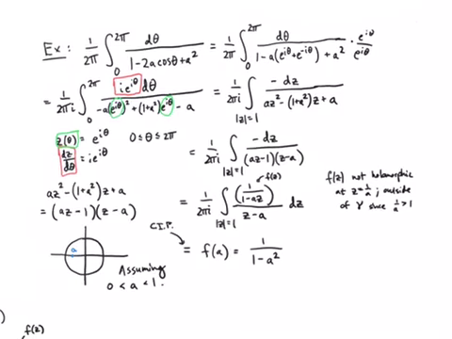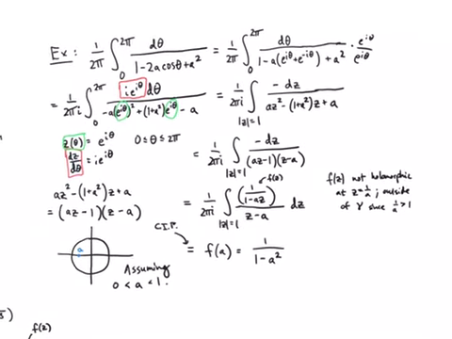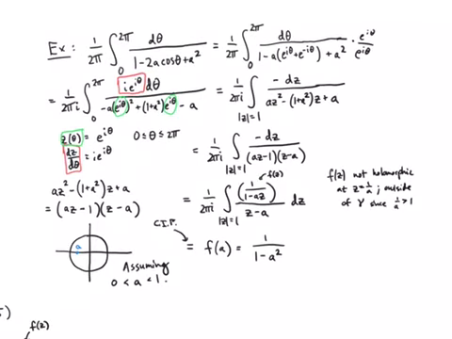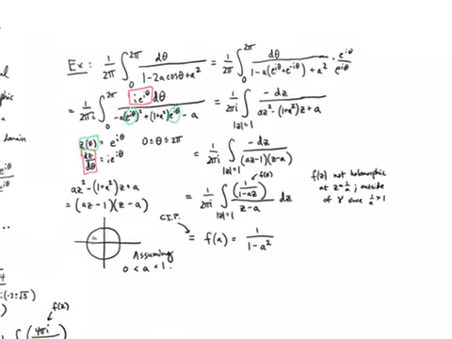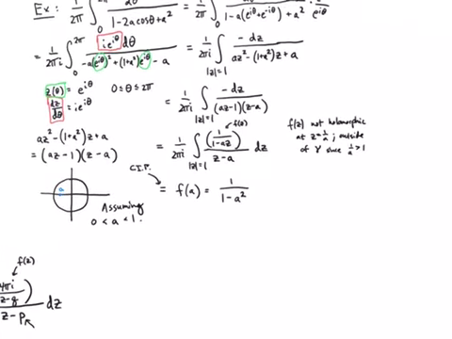So sometimes definite trig integrals, if you have them over a full period, can be amenable to complex methods by just sort of assuming that the theta is going around the unit circle. It's sort of a natural thing to guess, or at least natural thing to try if you're stuck.